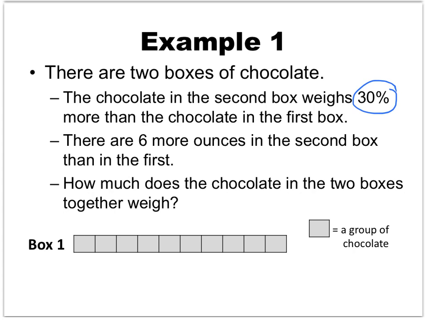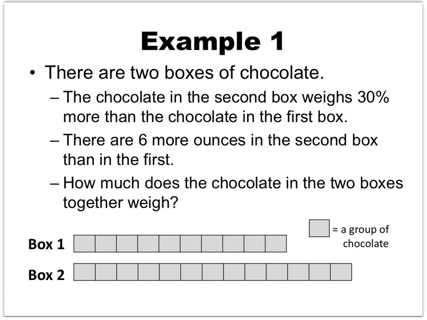Each one of those boxes represents a group of chocolates. I'm not going to call it a piece of chocolate because that group may be 2 or 3 or more pieces of chocolate. I don't know how many pieces of chocolate are in this box, but it represents a group of chocolate.